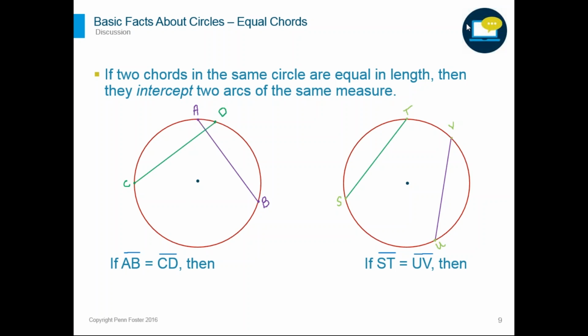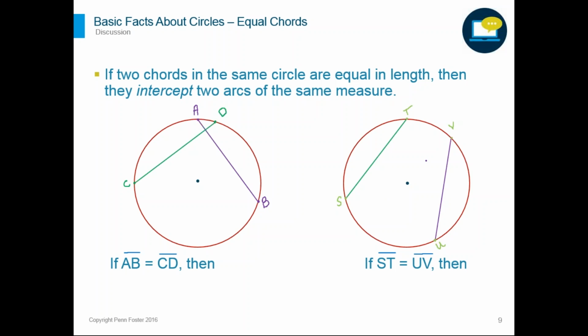Let's examine the figure on the right first. I think that's easier to visualize than the second one. But the fact we're going to speak about applies to both of them, since the two chords in the same circle have the same length.